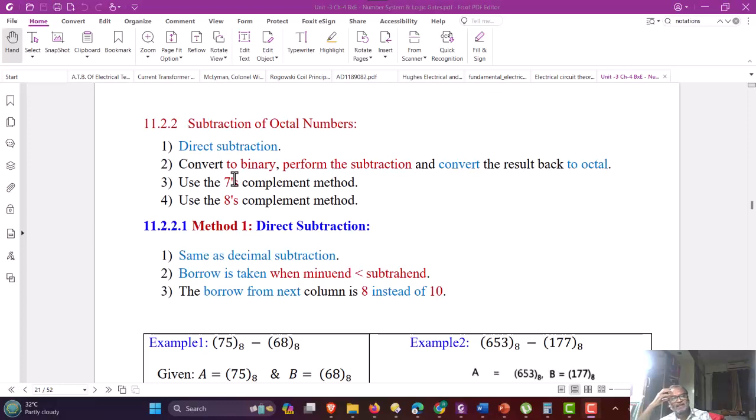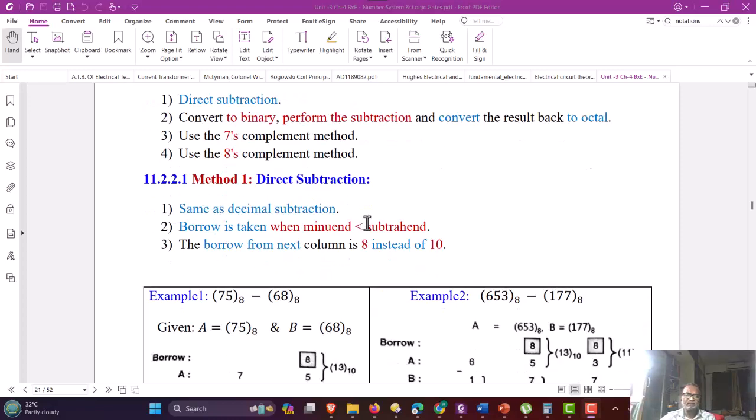Basically, the octal number will first be converted to binary numbers, and then binary subtraction can be done in the conventional way, or by 1's complement or 2's complement subtraction, which we have seen earlier. And then the binary result generated will be converted back to the octal number. So it is a three-step procedure.